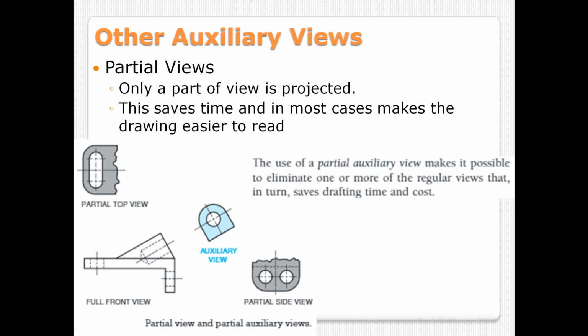So this is going to save time and money. The use of a partial auxiliary view makes it possible to eliminate one or more of the regular views, which in turn saves drafting time and cost.